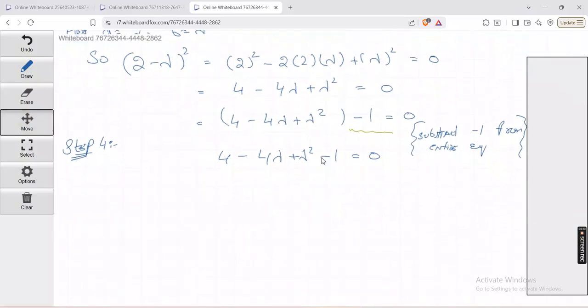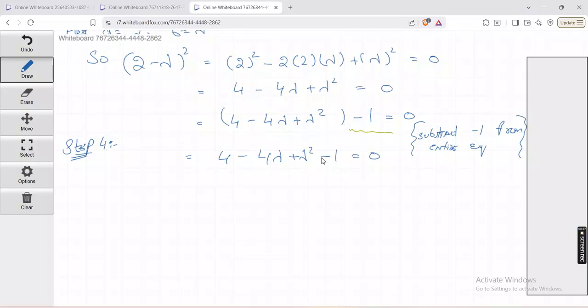Then let's simplify it more. Why are we simplifying it? Because we need to find the values for lambda 1 and lambda 2. So that's why we will simplify it as much as we can, so then we can get the values for this lambda.